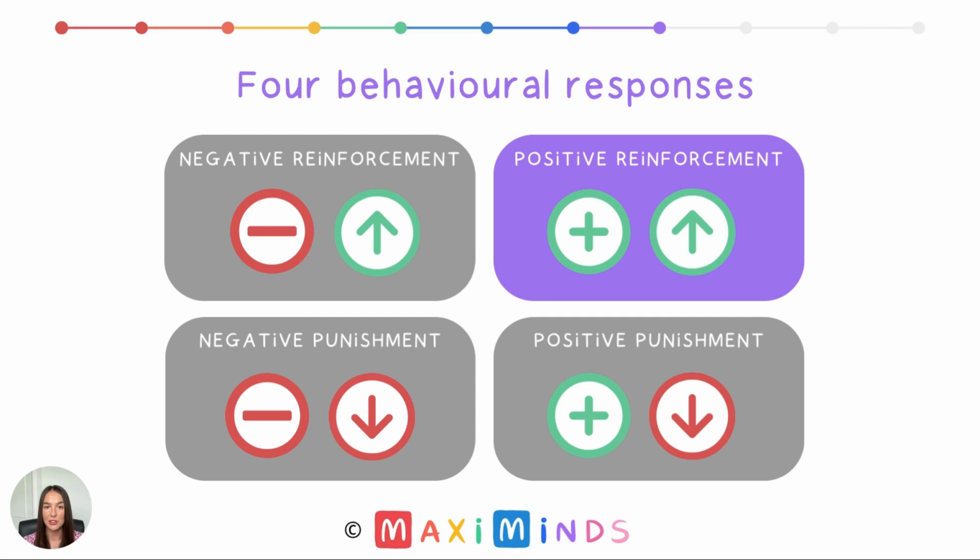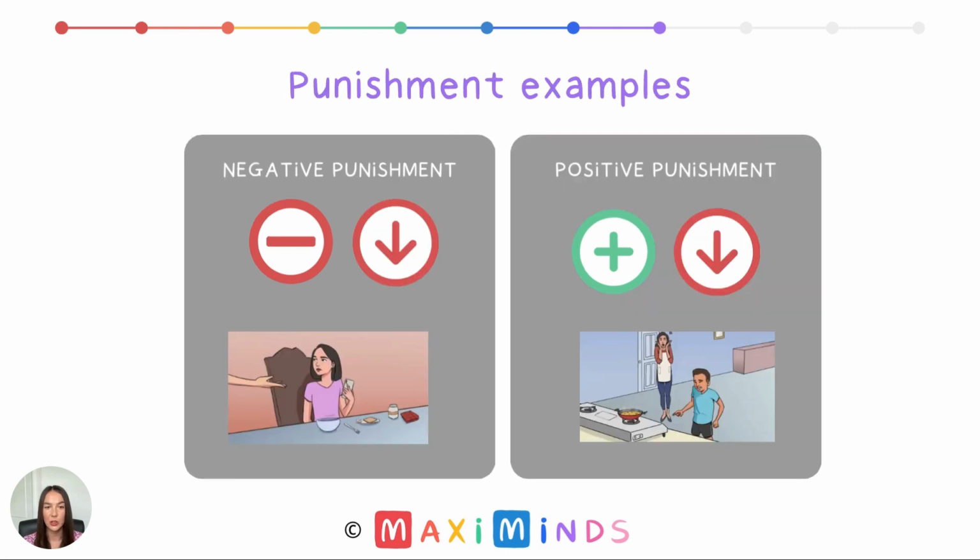There are 4 different types of behavioural responses, and we have looked at these briefly in a previous webinar series, but to remind you, they are about taking away or adding stimuli to either decrease or increase desirable or undesirable behaviours. To give you an overview of punishment, punishment is to try and reduce a certain behaviour happening, and you can achieve this by taking something away in the case of negative punishment.